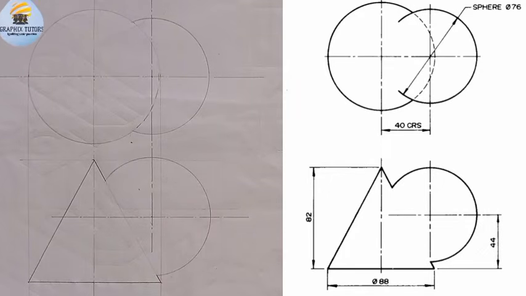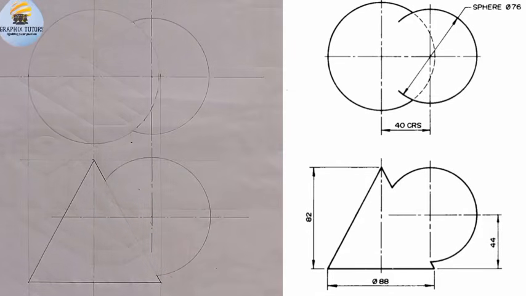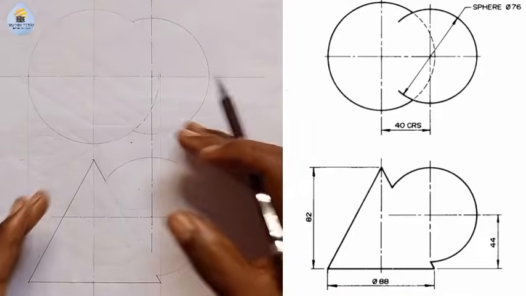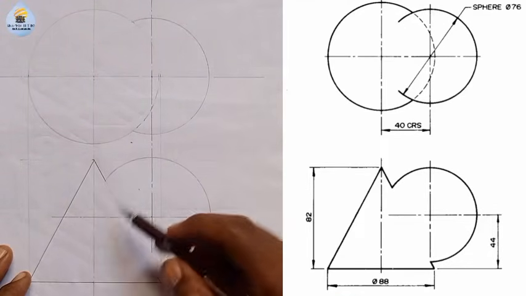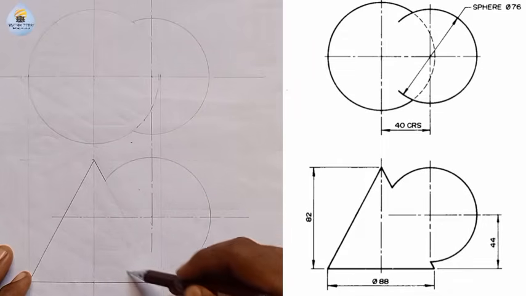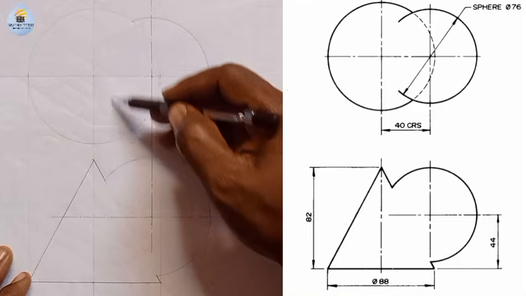Now the next thing is for me to draw the curve of interpenetration of the sphere intersecting the cone. Since this sphere is merging, or fusing, with this cone, there will be a curve of interpenetration at this point here and also at this point here.